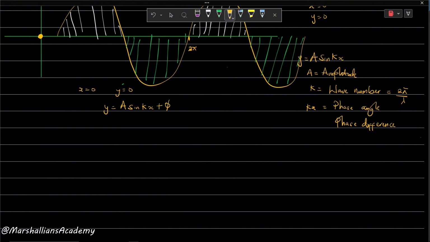The phi here represents the phase shift. It has been shifted by phi units to either the left or to the right. Are we together? So when we have a progressive wave, this is the equation that accounts for it.